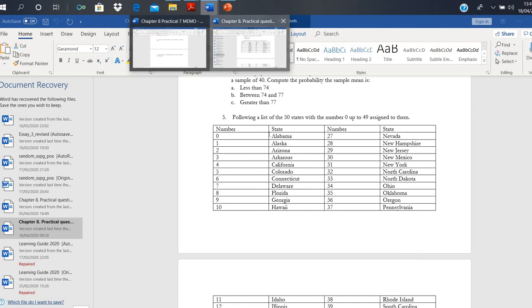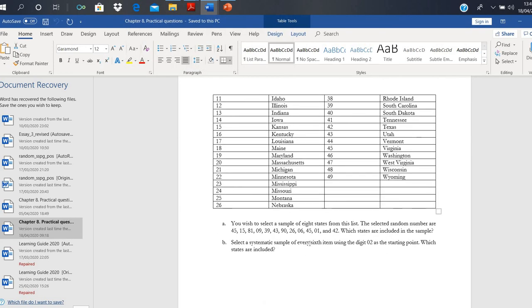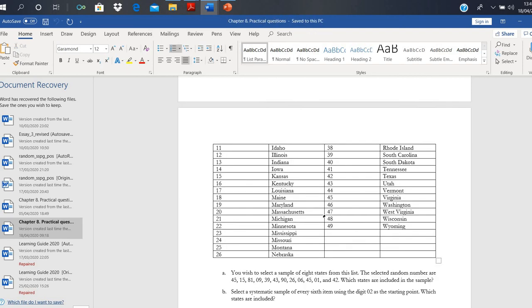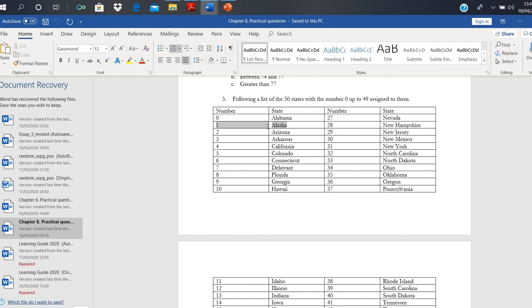And now they are telling us to select every sixth item using the digit 2 as a starting number. Since Arizona is your starting number, now we will start counting. After 6 districts, the sixth one will be part of your sample. So now I can count 1, 2, 3, 4, 5, 6. So the second state that will be included will be Florida.